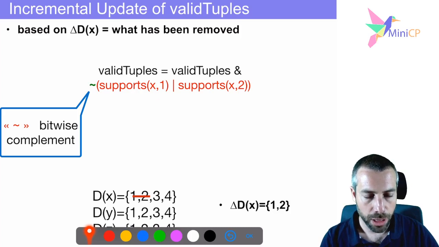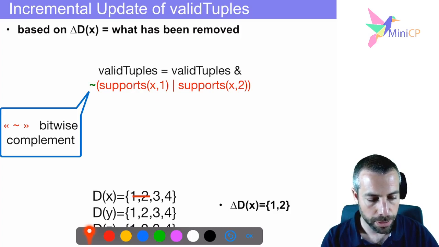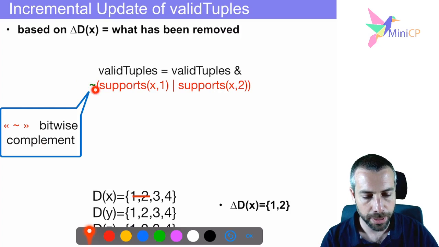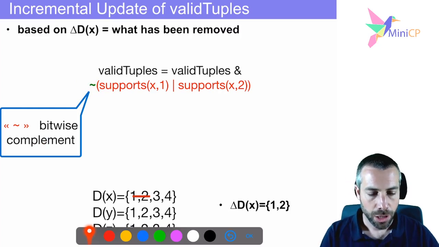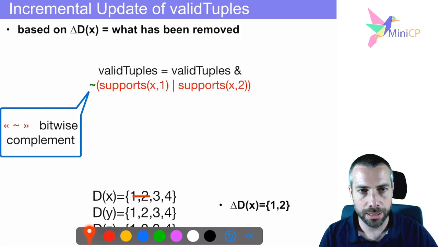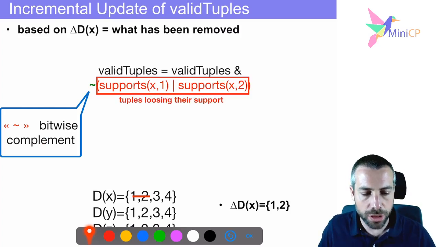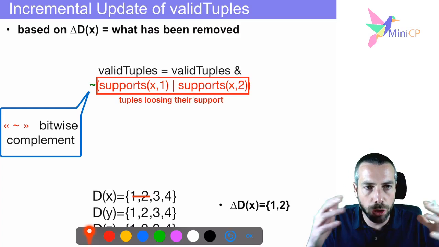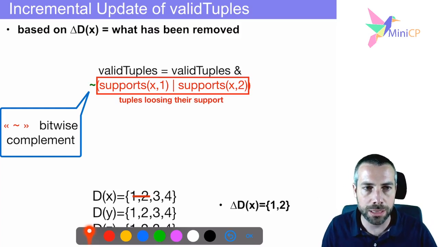Let's decompose the formula in two parts. This is the bitwise complement. For now, I will not consider this part. I will only consider this part. If you take the logical OR between the supports of X1 and X2 that have been removed, what you actually do is that you take the union of all the tuples that lost their support.